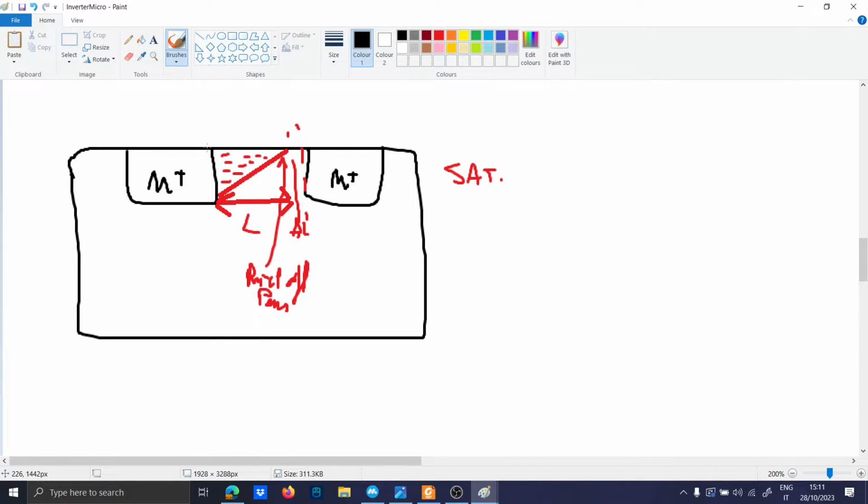Now, here you have the dielectric, which is basically made of silicon dioxide. You have to remember that the constant here is 3.9. This epsilon r will be very important when we study the parameters.